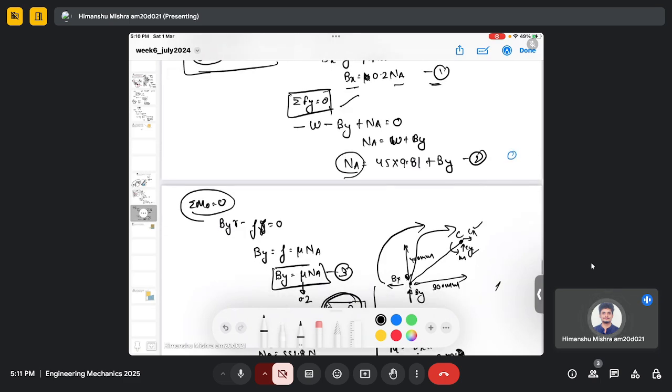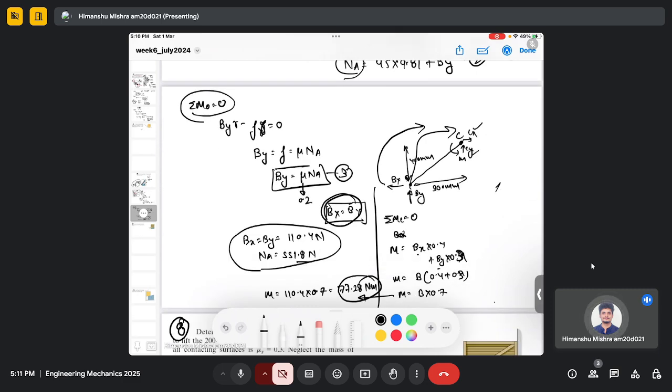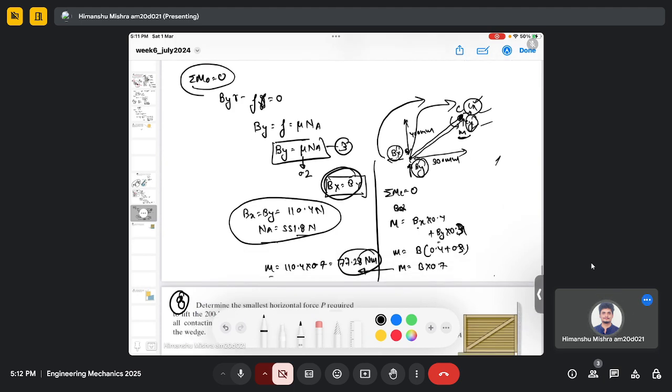Using these three equations, we calculated the three unknowns. Once we got Bx and By, we made a free body diagram of the rod where we identified forces Bx and By, Cx and Cy, and a moment M. If we take the moment about point C, then we don't need to bother about Cx and Cy. So we can consider this moment and the moment due to Bx and By, which we already found. From this moment equation alone, we can find the required external moment acting here, 77.28 Newton meter.